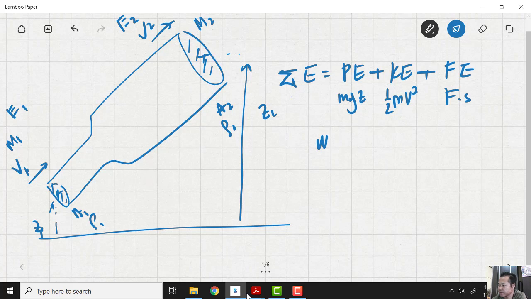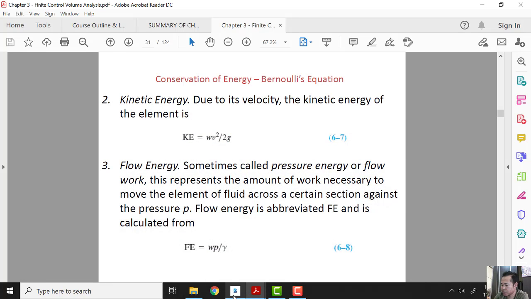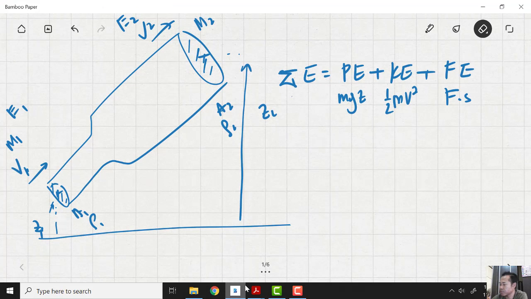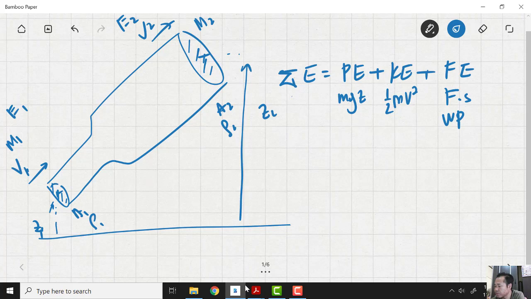So we have these types of energy. Flow work is usually represented by a unit of pressure, since in a fluid the force comes from pressure. So write it as weight times pressure over gamma, where gamma is the specific weight.